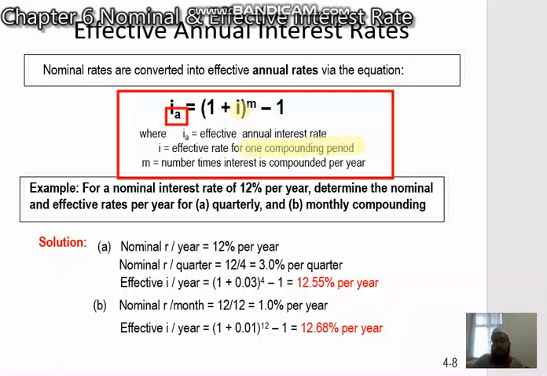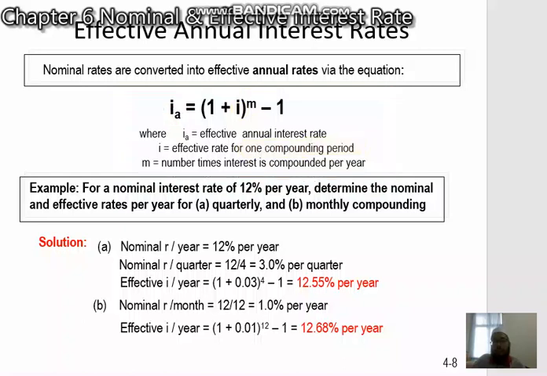And the second one is the M parameter. M stands for the number of times interest is compounded per year, the compounding frequency per year. Why per year? Because we are calculating the annual effective interest rate. So again, in this formula we have two parameters.